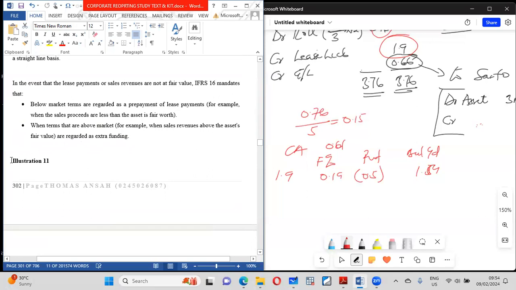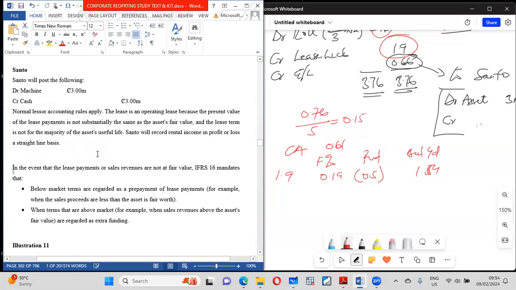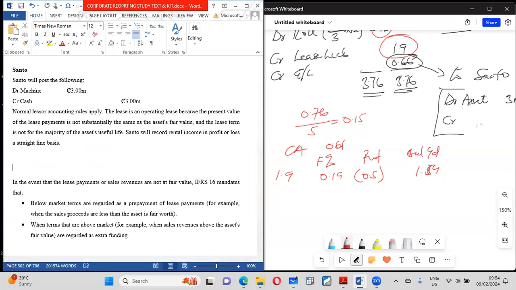All right. Then the last part is what we learned, the transfer at fair value. So what did we learn?